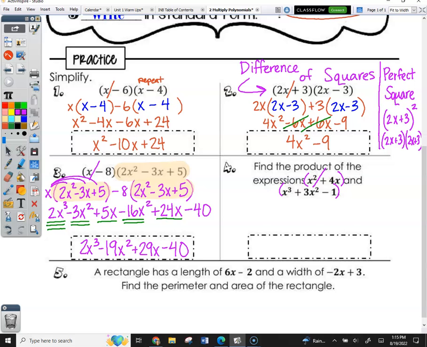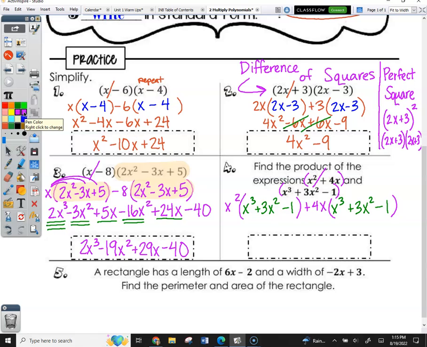So I'm going to set it up. You look and see if you set it up right. I've got x squared plus 4x. Repeat the trinomial. Now you've created a monomial times a trinomial.